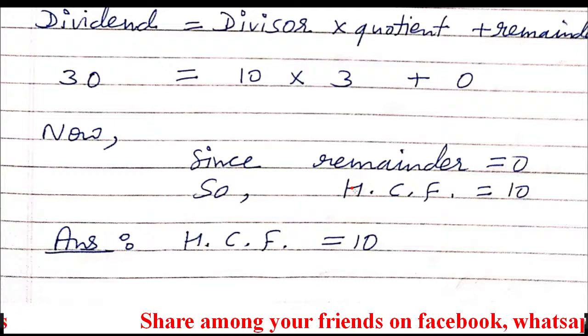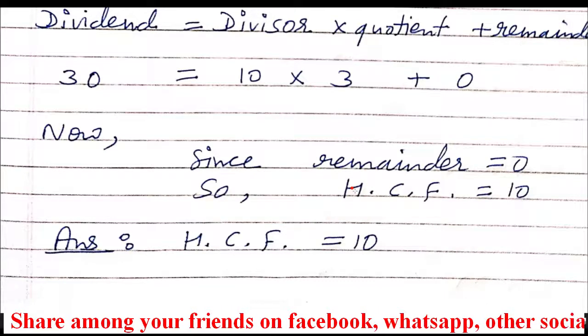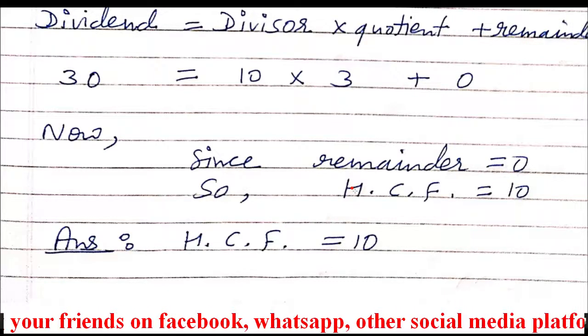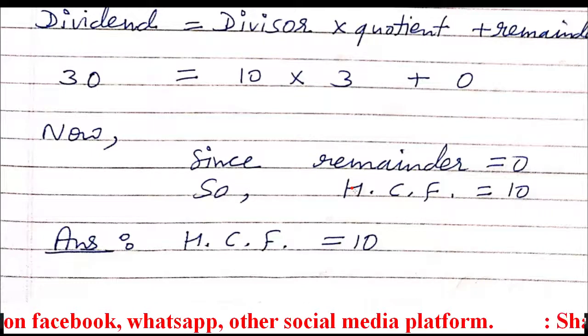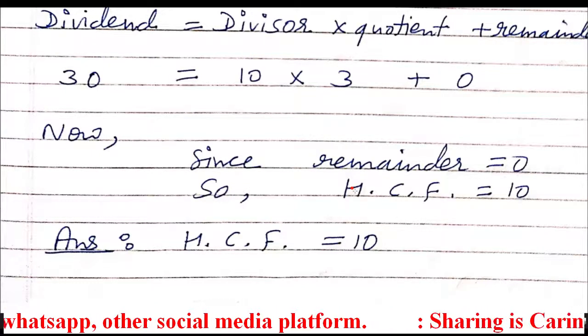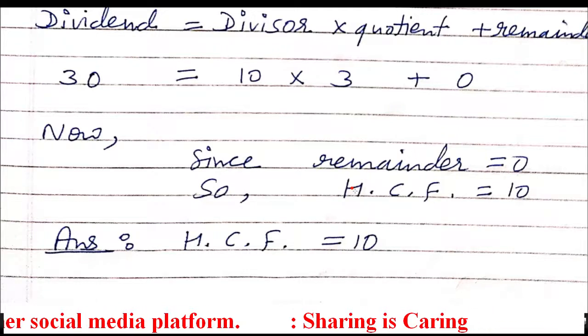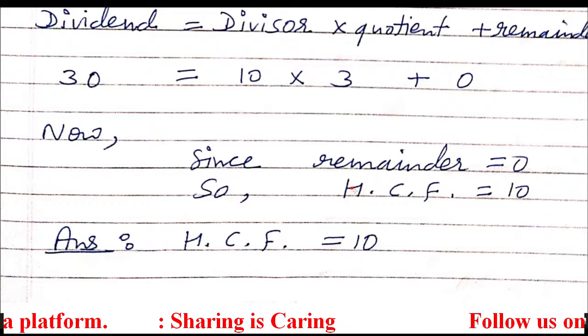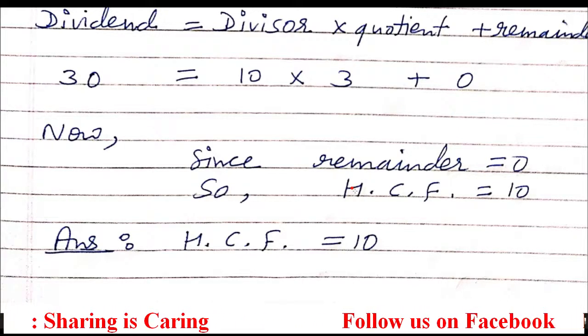And this division rule is simply Euclid's division lemma: dividend is equal to divisor multiplied by quotient plus remainder. In that you just fill all the entries, and automatically you will achieve your Euclid's division lemma.